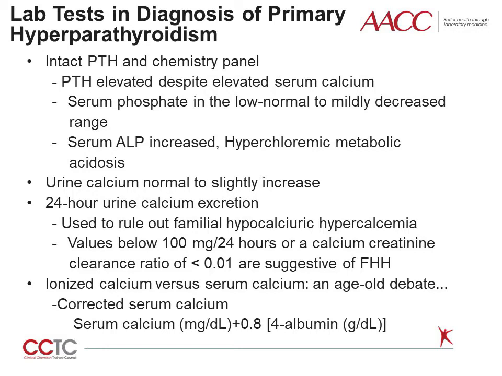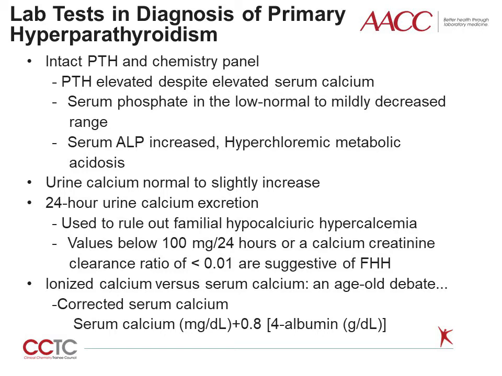Values below 100 mg per 24 hours of urine, or a calcium creatinine clearance ratio of less than 0.01, are suggestive of familial hypocalciuric hypercalcemia. Whether to use ionized calcium versus serum total calcium, there's still a debate. Some labs do, and some labs only use total calcium, and there's approximate correlation with the ionized calcium.